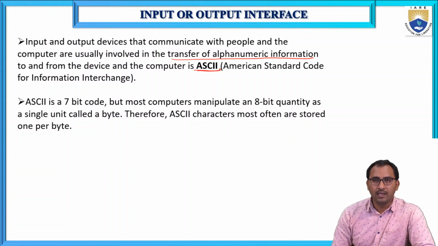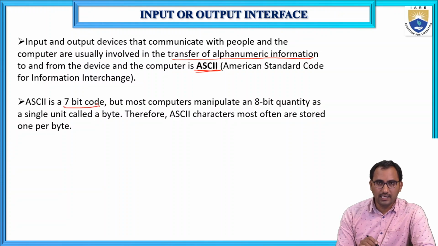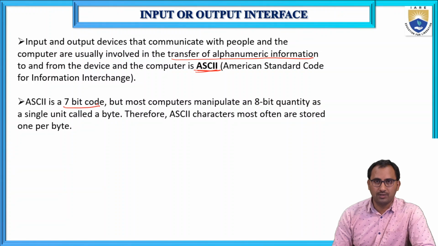So in general, when we are communicating with the computer, the information exchanged between the user and the computer is in the form of ASCII code. ASCII means American Standard Code for Information Interchange. It is a 7-bit code, so it contains 7 bits of information.